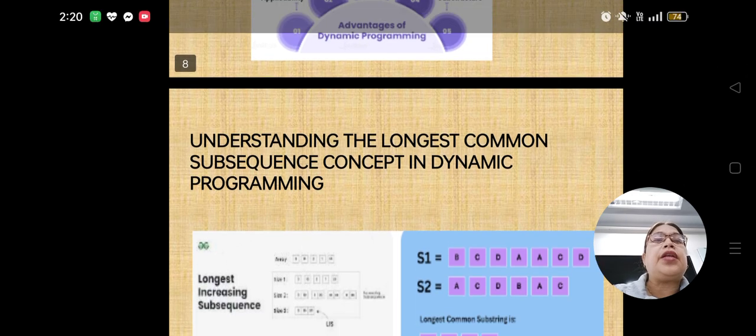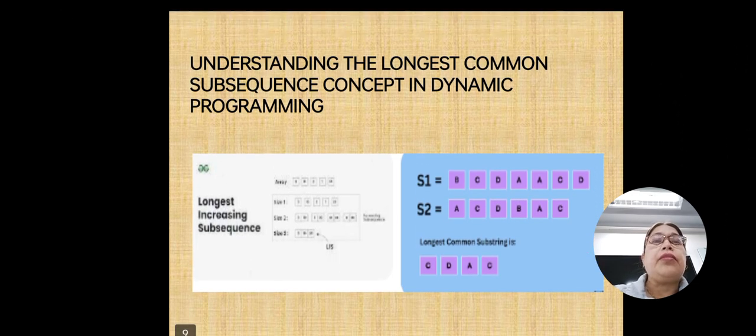Okay, next is the understanding of the longest common subsequence concept in dynamic programming. The longest common subsequence, which is LCS, refers to the subsequence that is shared by all the supplied sequences and is the longest.